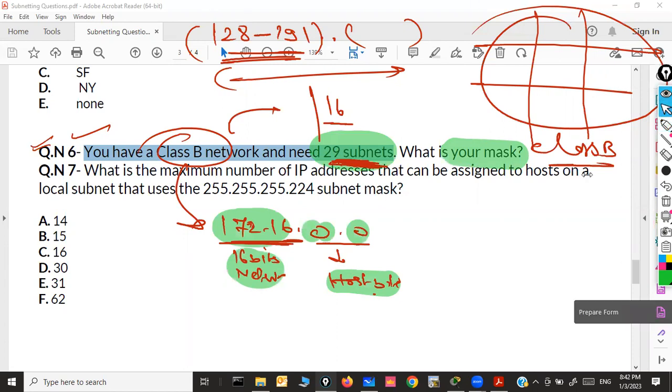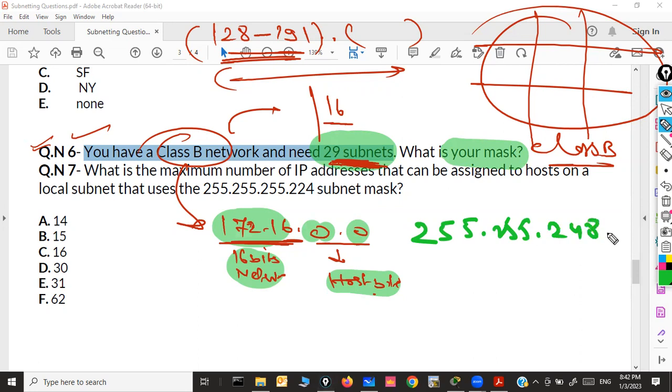Your answer is 255.255.255.248? No, I said 255.255.248.0, not 255.255.255.248. And what would be the CIDR notation?